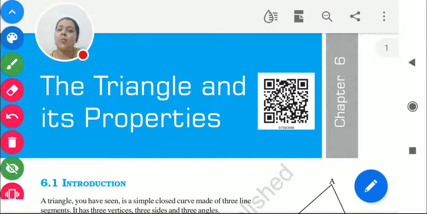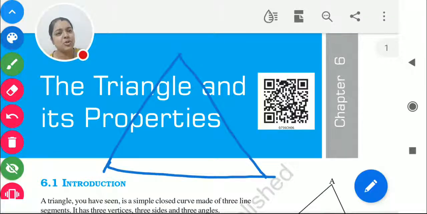What two bases? You just think what a triangle has. A triangle has base, means a side, and the triangle has an angle, right?